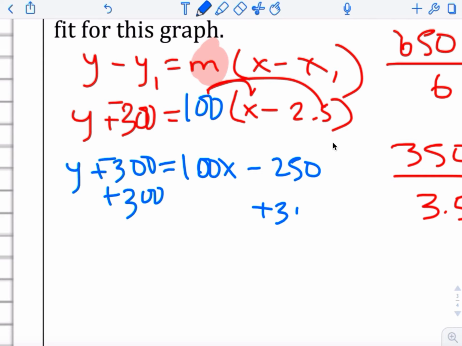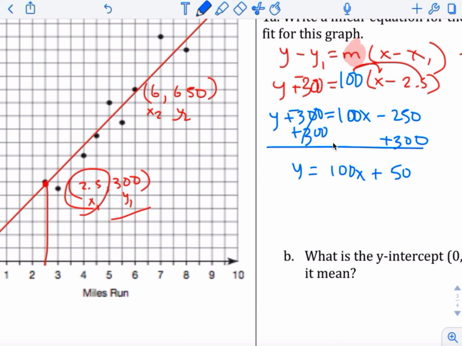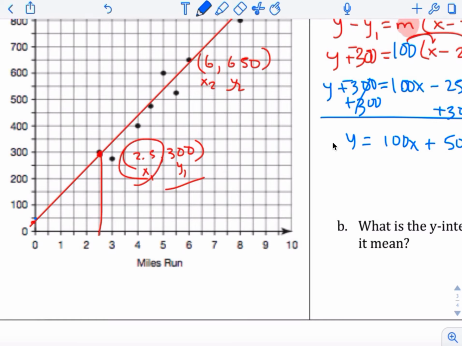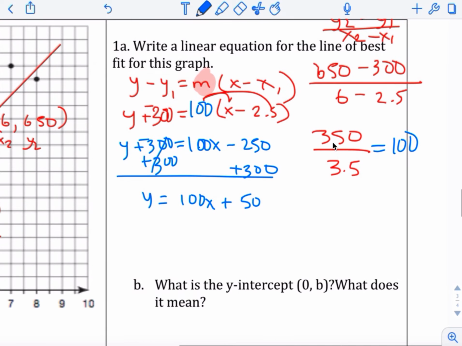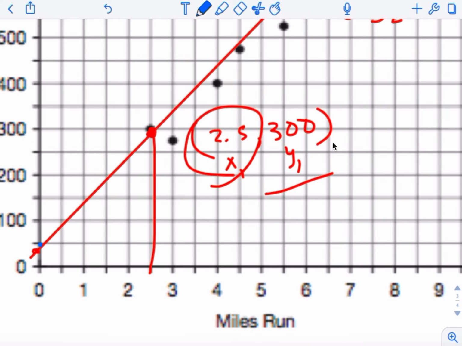Add 300 to both sides. You get y equals 100x plus 50. 50 makes sense? It's close enough to 50. So yeah, probably the same as if you started here, huh?